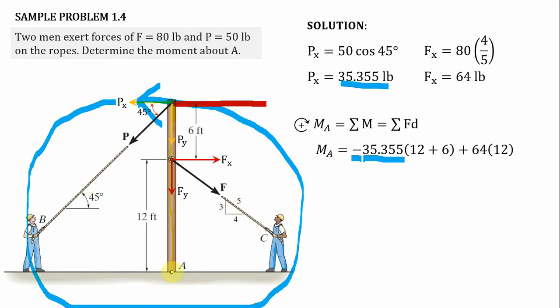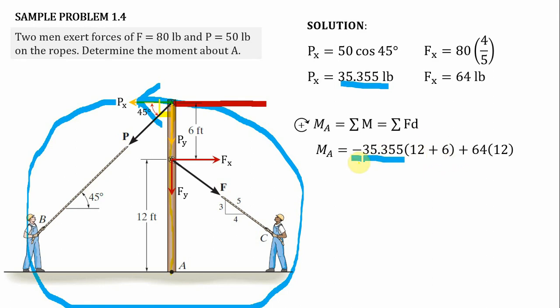The moment arm is the distance between the moment center and the line of action of a force, and this is perpendicular. So what is the moment arm of Px from A? It's equal to 6 plus 12, that is 18 feet. So, negative 35.355 times 12 feet plus 6 feet.